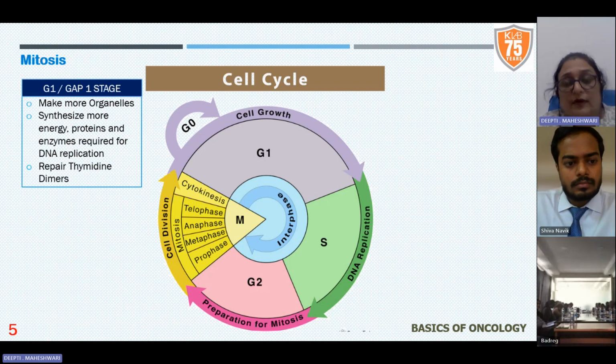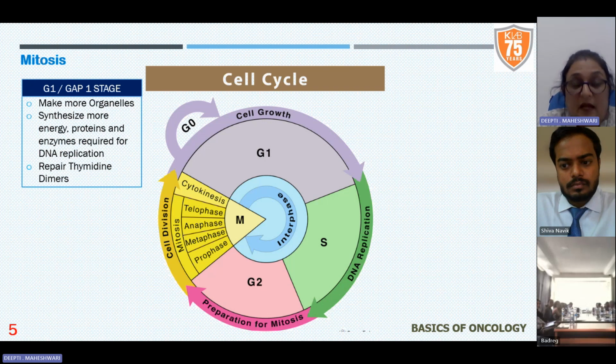So in the G1 phase, basically the cell grows. There is synthesis of different types of proteins and enzymes, and also the body synthesizes more energy which will be required for the DNA replication to take place. Plus the thymidine dimers which generally get damaged after exposure to UV rays are also repaired in the G1 phase.